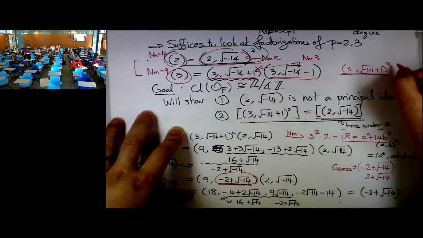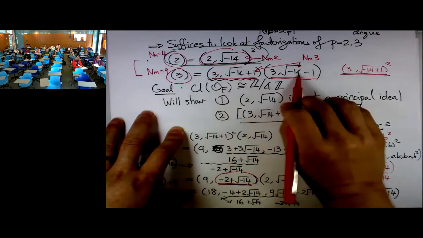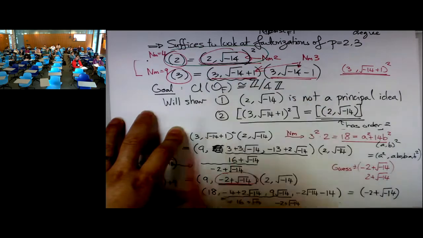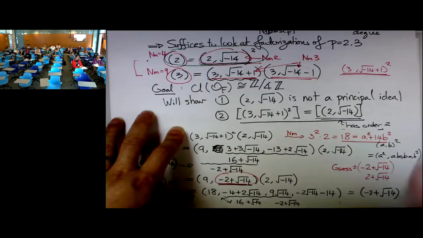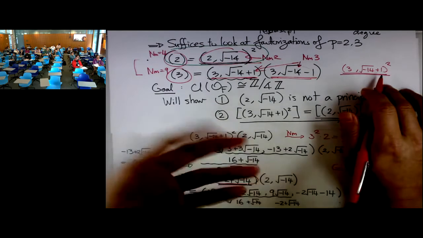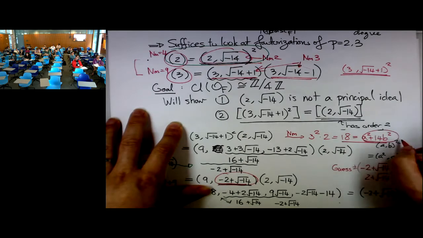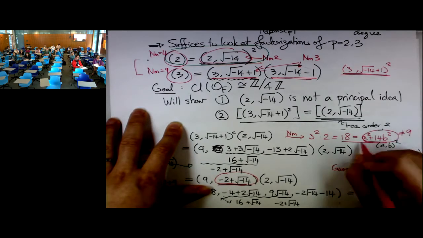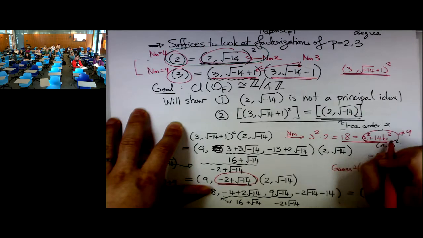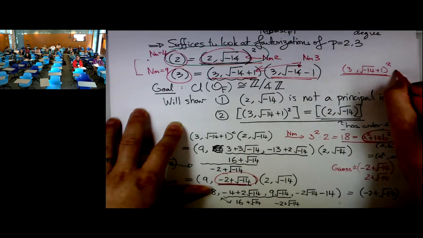Well, first of all, it's very unlikely it's going to be the same as 3, because 3 factors this and this ideal doesn't look like this one. And it could be generated by some other crazy algebraic integers. Well, again, you look at this, a squared plus 14b squared can't be equal to 9 either, unless a equals 3 and b equals 0. There's no other possibility. So if it were a principal ideal, it would have to be 3.